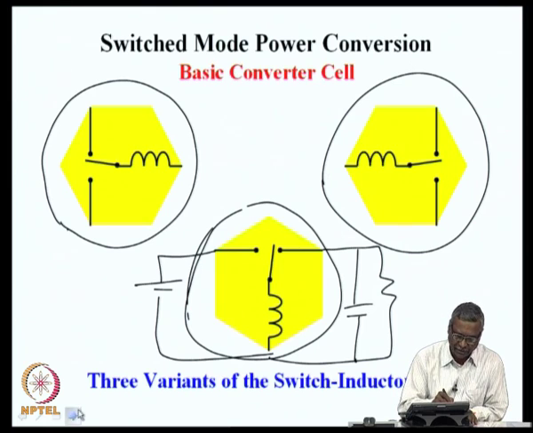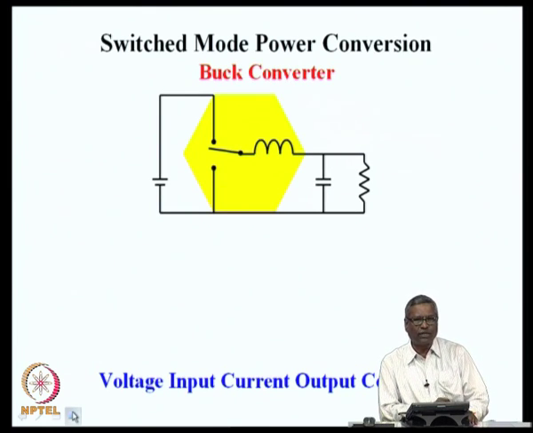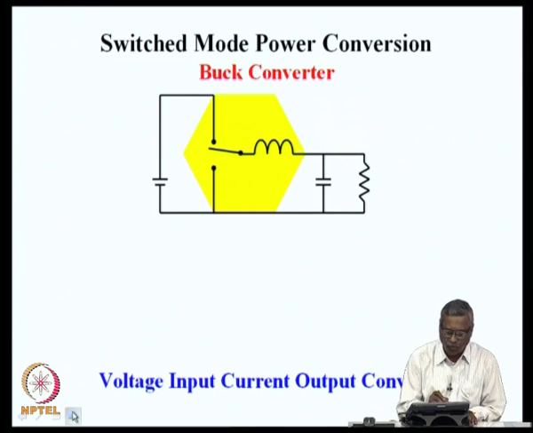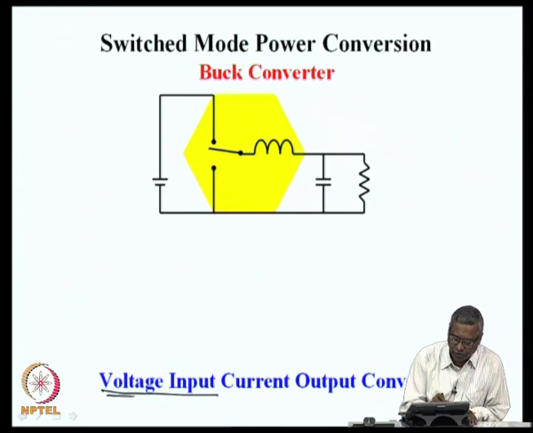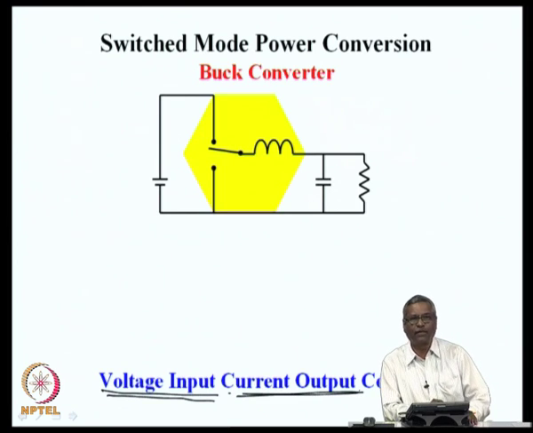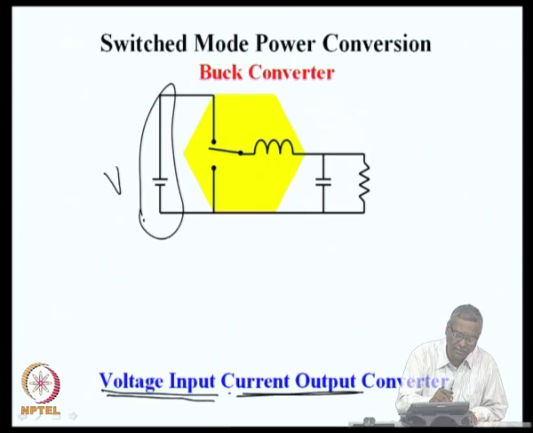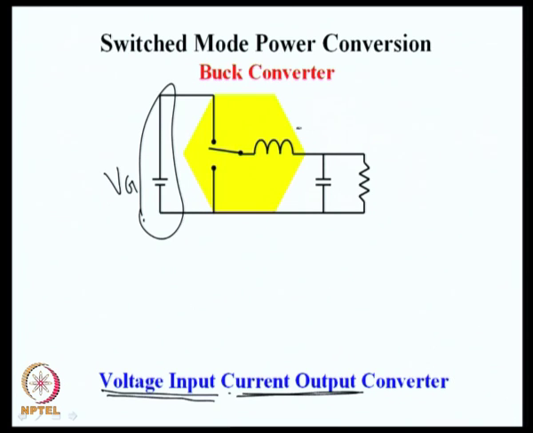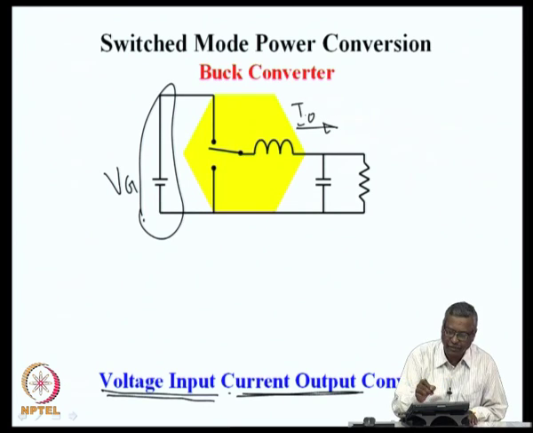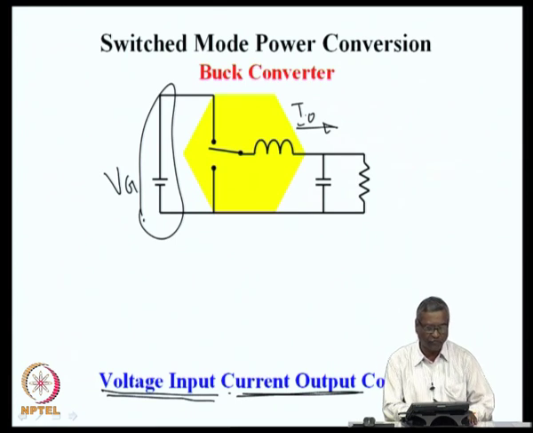These are the three variants, and the buck converter, the step down converter, we might define as a voltage input and current output converter, because on the input side the voltage Vg is defined, and on the output side the current I naught is defined. So, this could be also defined as a voltage input current output converter.